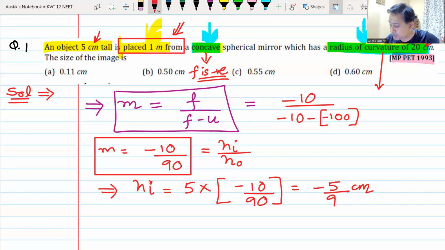Do we understand this? Yes, sir. What does this negative sign indicate? Why is the sign coming negative, my dear friends? Height of the image is coming negative. What does it mean?